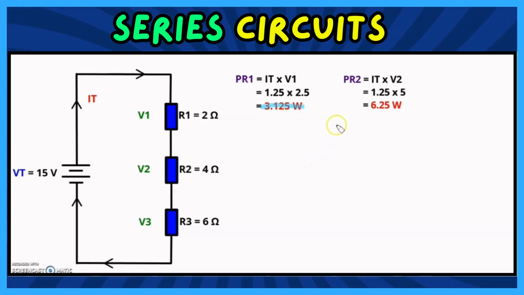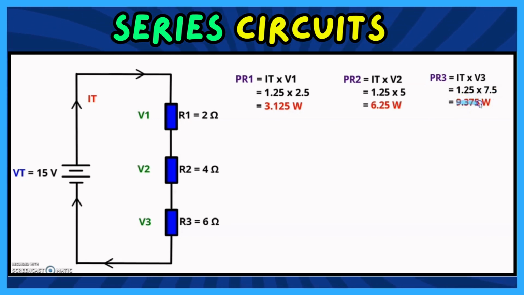The power used by my second resistor will be my current, 1.25, multiplied by 5, the voltage drop over that resistor, which gives a power of 6.25. The power used by my third resistor will be 1.25 multiplied by 7.5, which gives me 9.37 watt.